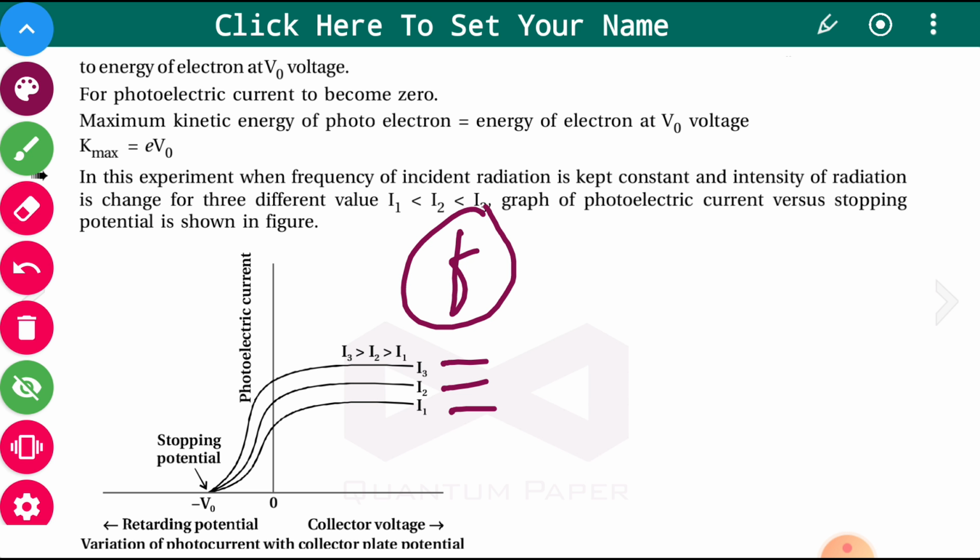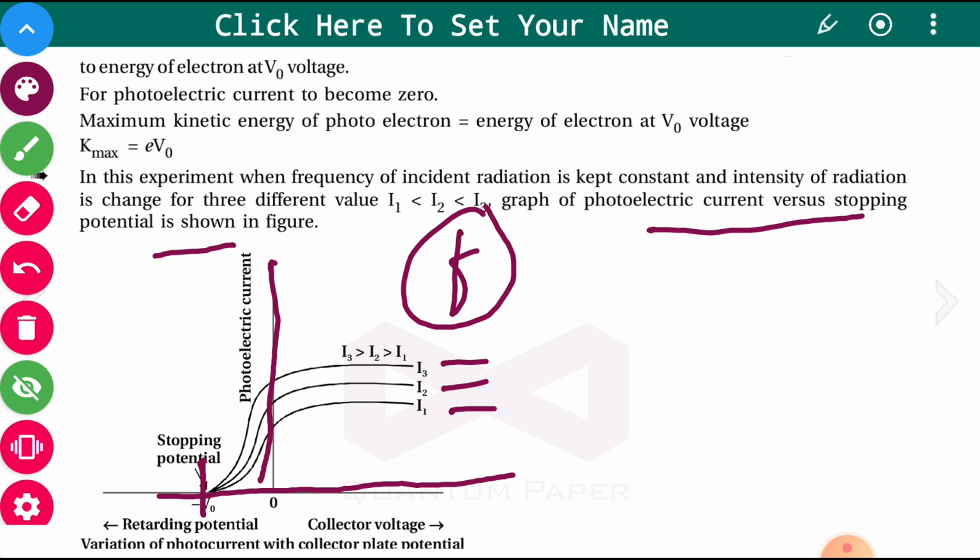What happened? The photoelectric current versus stopping potential graph is shown. This is photoelectric current, this is stopping potential. You are increasing the intensity but the stopping potential is found to be the same.